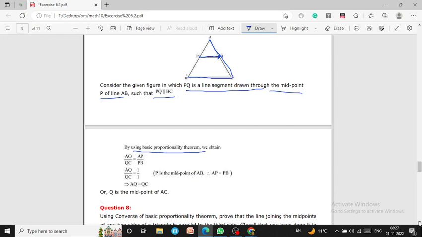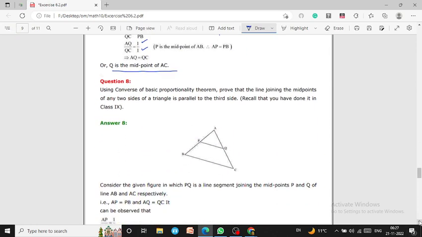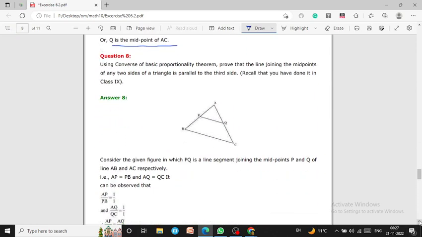That's why AP is equal to PB. So we take 1 by 1, and by cross multiplying we get AQ is equal to QC. So Q is the midpoint of AC. It's proved.